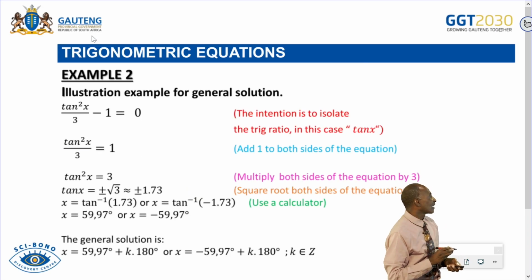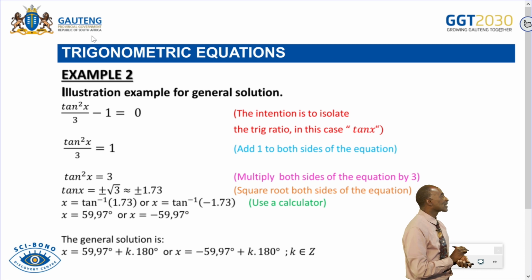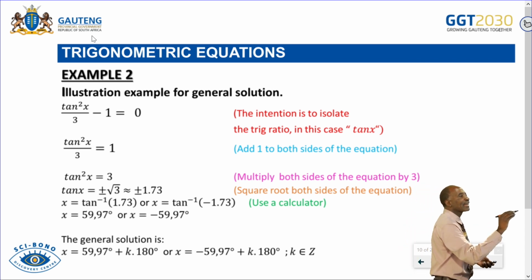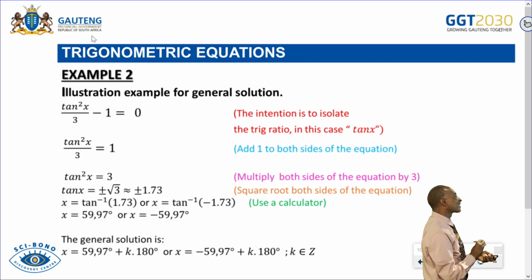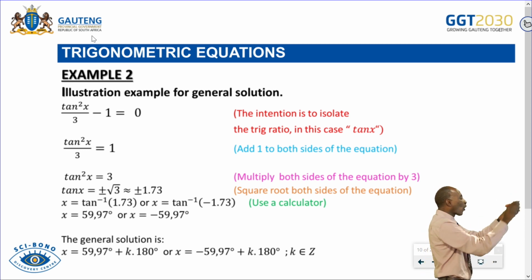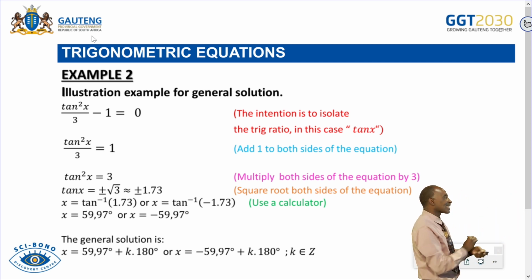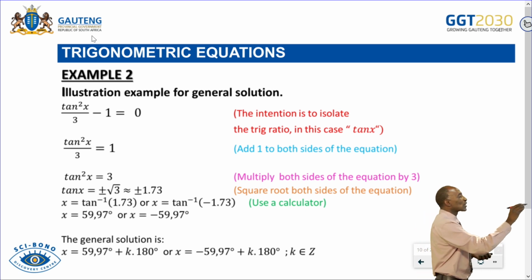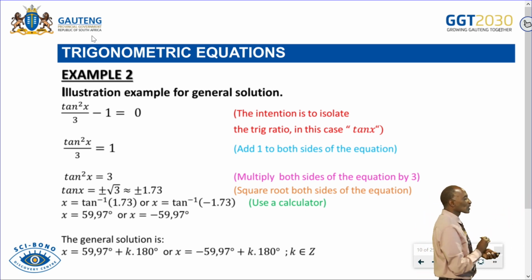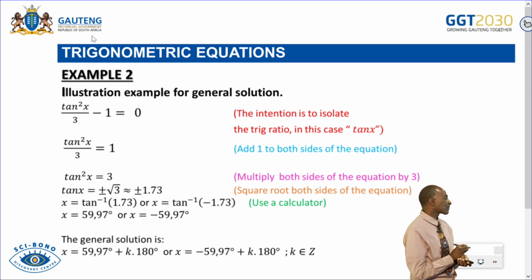Otherwise, let's have a look at the second question, which says tan squared x divided by 3 minus 1 equals 0. The first thing that you do here is to isolate the ratio. In other words, solve for tan first. Just like any other equation, we are going to use the additive inverse, add 1 to both sides, then cross multiply, you'll get tan squared x equals 3.